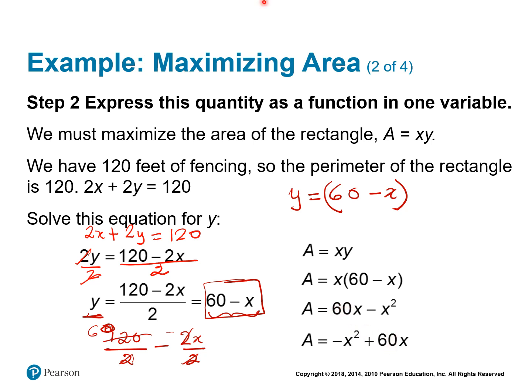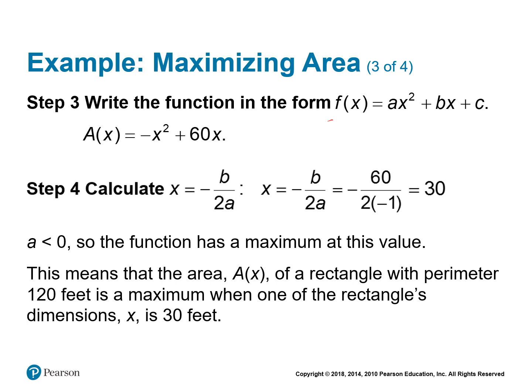Now let's go on to the next slide to see the next part of this problem. Okay, so we are continuing our example on maximizing the area. We have worked through two steps previously and we obtained a function of the area, A of x, meaning the function is that of area which takes as an input one of the dimensions of the rectangle, and the function is minus x squared plus 60x.